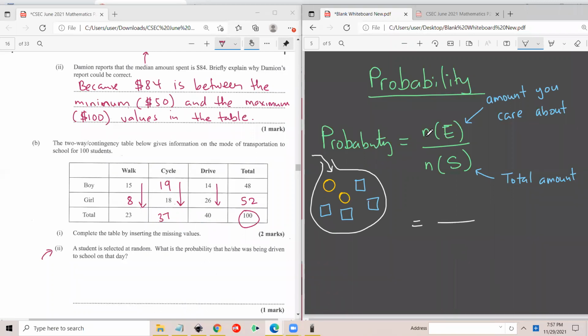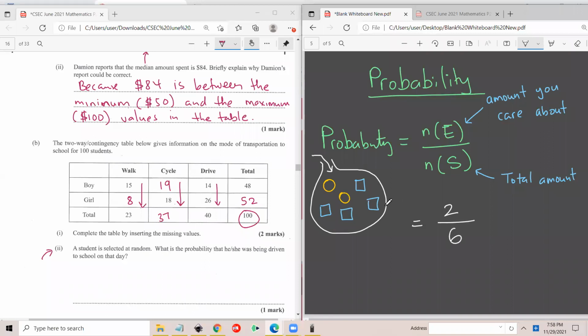Well, we have to take what you care about, the amount. You care about what? The orange biscuits. So ask yourself, how many orange biscuits are there? 2. And now we divide it by the total amount of biscuits. How many biscuits are there in total? I'm talking about all the biscuits combined.